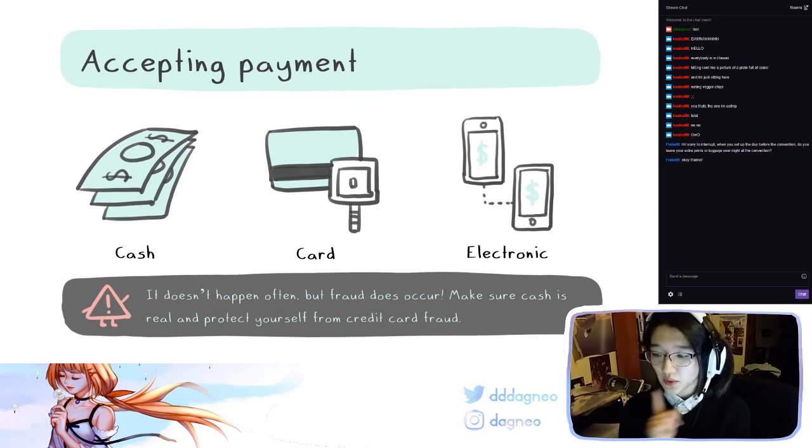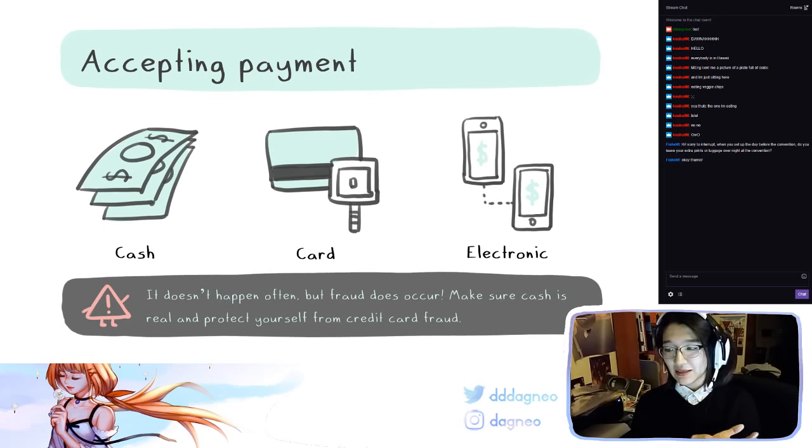Oh, and I do want to mention one more thing about cash. If you do take cash, which basically everybody is probably going to, that is about, I think, 70-80% of all transactions in the artist alley, you do need some kind of place to put it. You can put it in a little pouch. Some people have a little box.